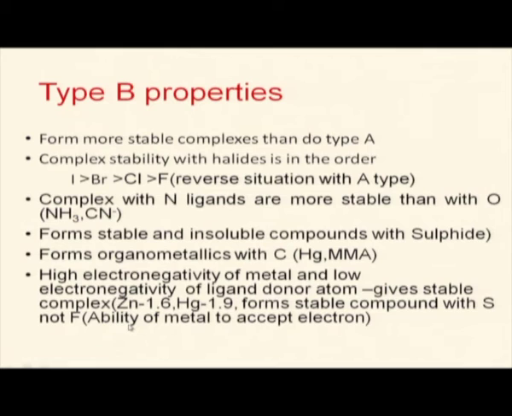That is based on the ability of the metal ion to accept electrons from the ligand atoms. So chloride compared to fluoride, and iodide forms a much more stable complex with zinc, mercury, etc.